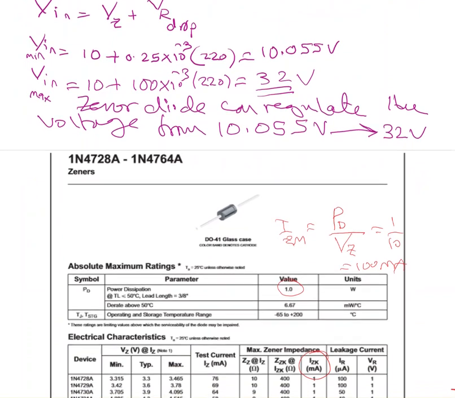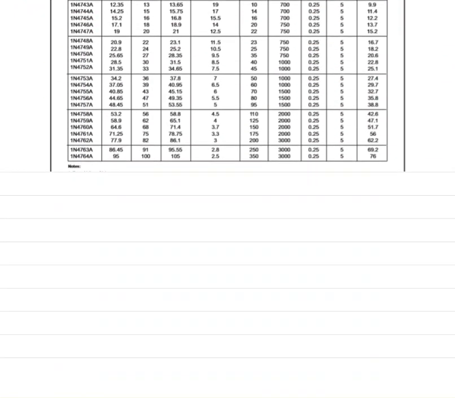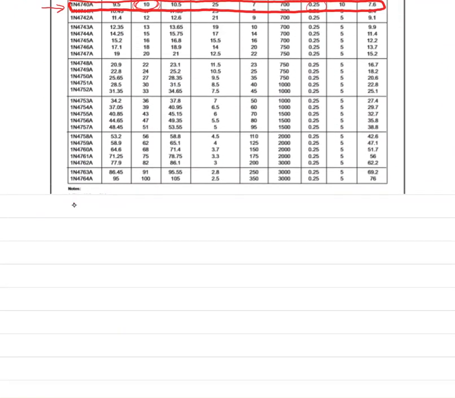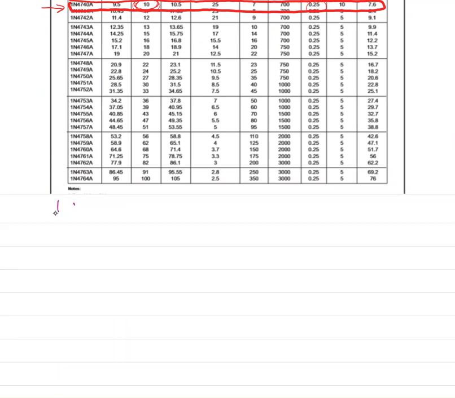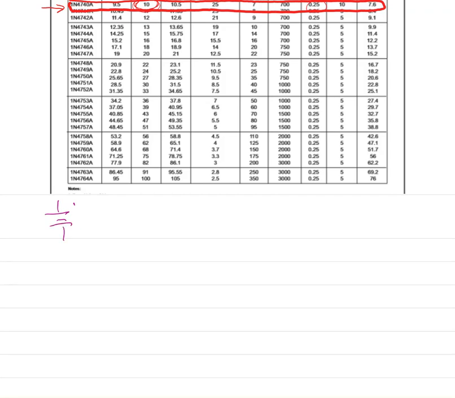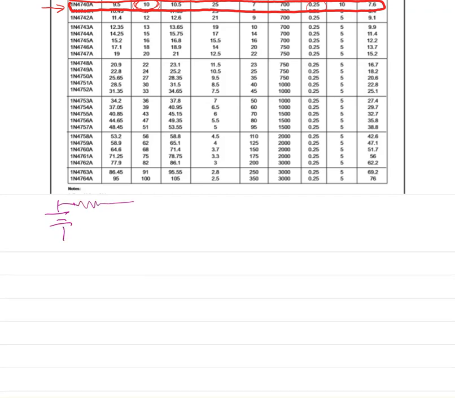So we can continue by giving some more cases. What if I have this circuit? I have a voltage supply, again I have a resistor, and I have my Zener diode.